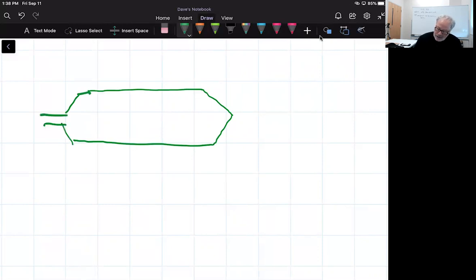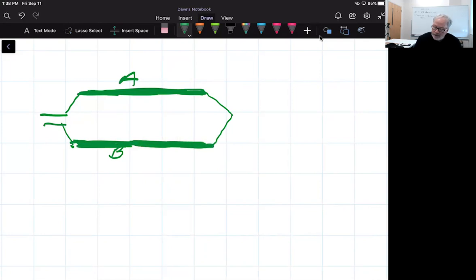So here's a coil side A and here's a coil side B. This would be the length of the conductor that would be subjected to the magnetic field, and here's the other side of that coil that would also be exposed to the magnetic field.